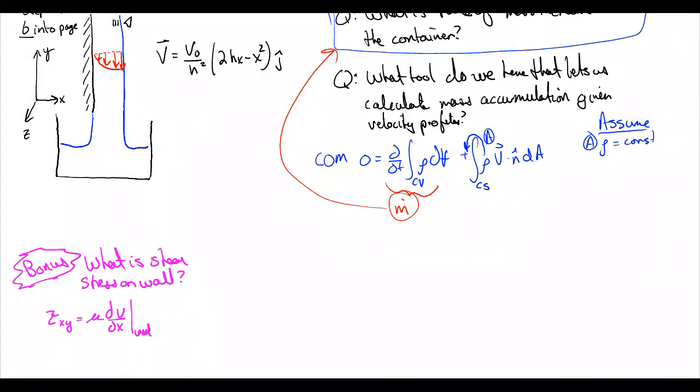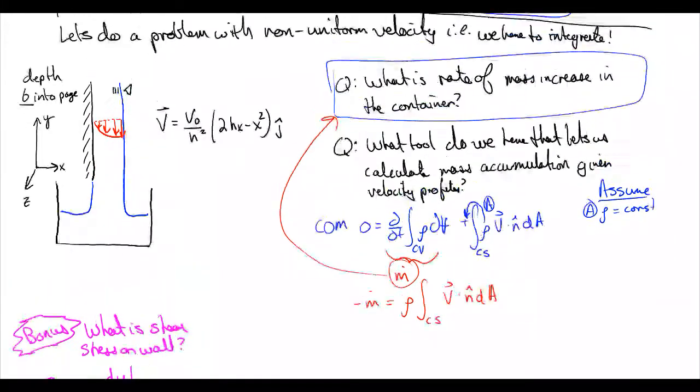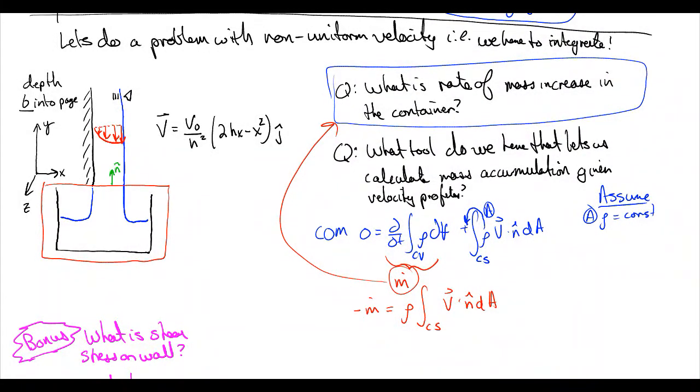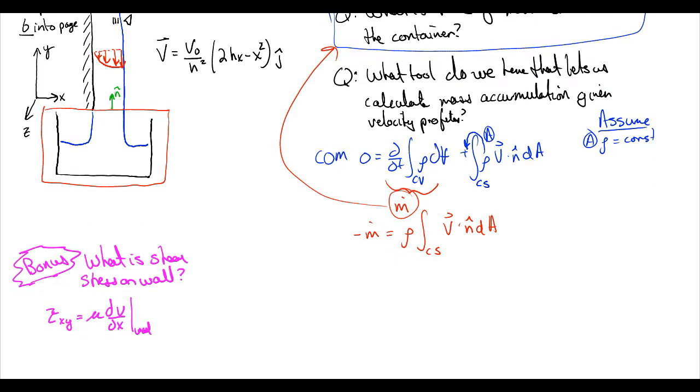All right, so now we want to simplify this even farther, right? We still have a dot product, and we still haven't defined our control volume. So let's define our control volume, and I'm going to define it this way. Flat across here, down and around. So our unit normal on our control volume is pointing up, and our fluid is coming straight down, which means that they are parallel to each other, which means that our dot product is just equal to plus or minus our velocity.